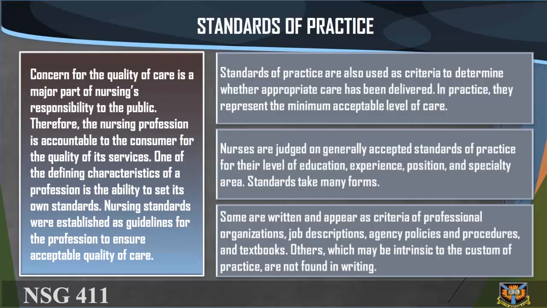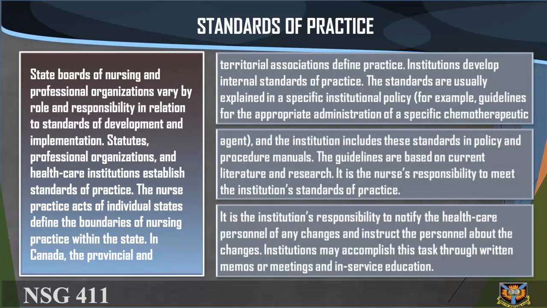Others, which may be intrinsic to the custom of practice, are not found in writing. State boards of nursing and professional organizations vary by role and responsibility in relation to standards development and implementation. Statutes, professional organizations, and healthcare institutions establish standards of practice.